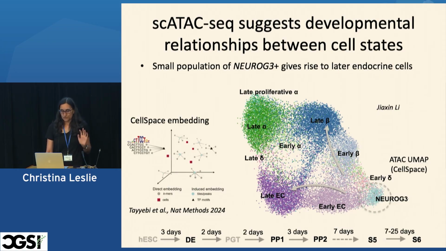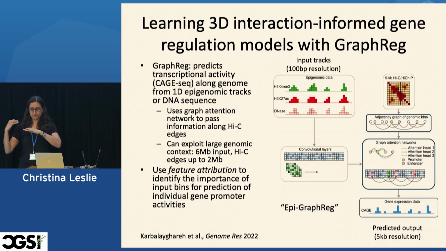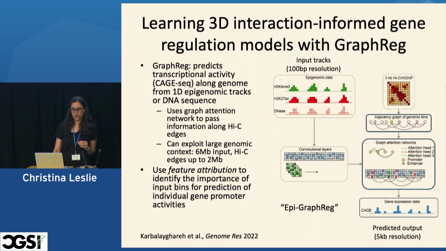Okay, so I want to go to how can we use this 3D information we have to link the connectivity and accessibility along the genome to gene expression. A few years ago, we developed this method called GraphReg, and it uses graph attention networks on a graph defined by Hi-C edges.